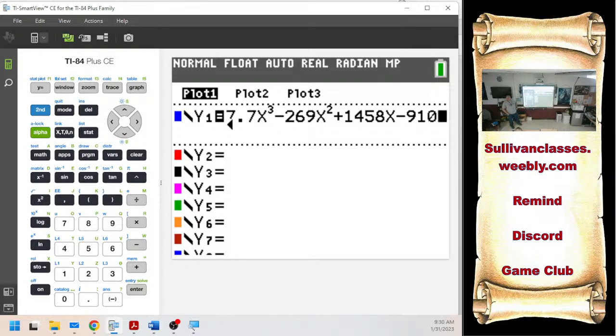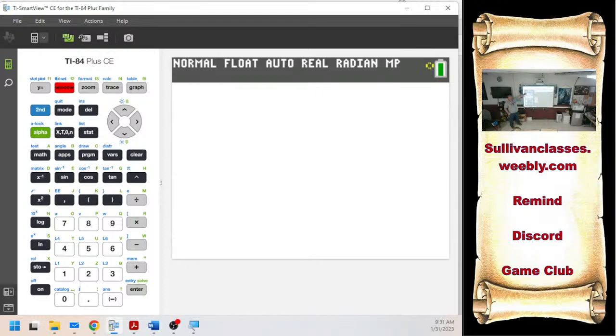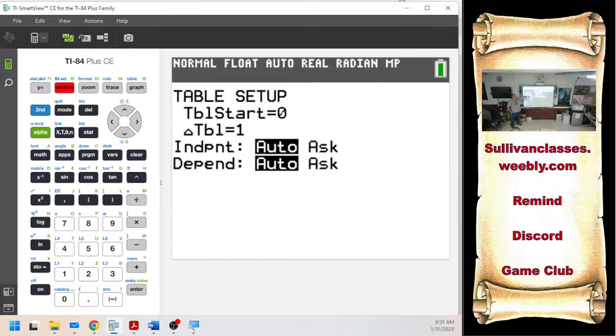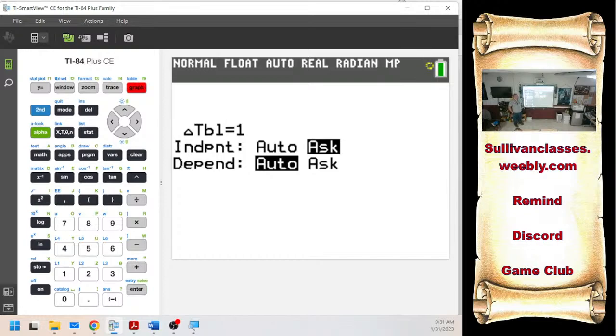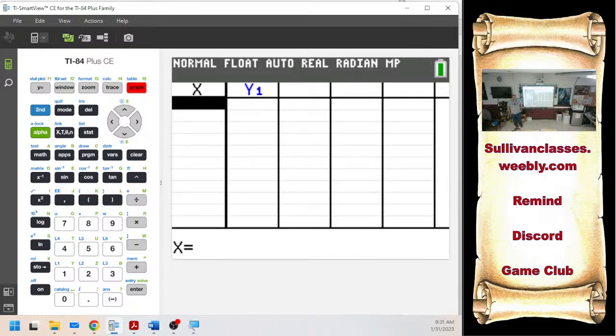Do you remember how to change your table settings so you can just ask it these numbers? Right above Windows, table settings. I'm going to switch my independent variable, my x's, over to ask. And now when I go to my table, I can just ask it a question, and it's going to tell me the answer.